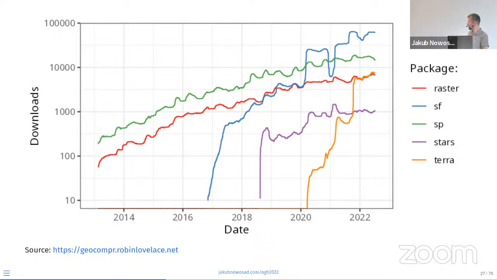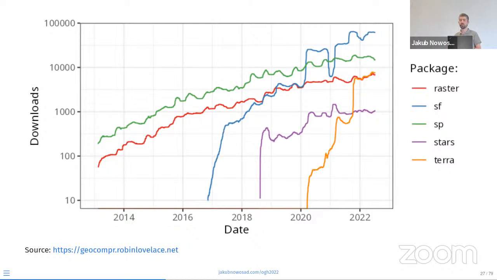And here I'm showing you a visualization of some basic R spatial packages and the number of downloads through time. You can see the downloads are on the logarithmic scale. And you can see, I think, 2 main trends. One trend is basically a growing number of downloads in total.